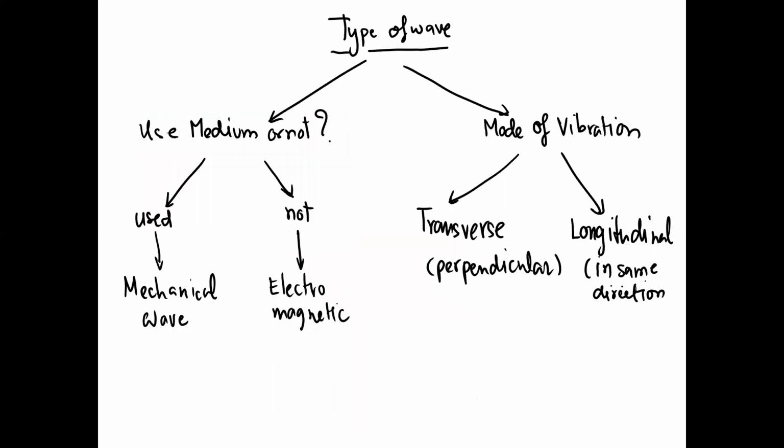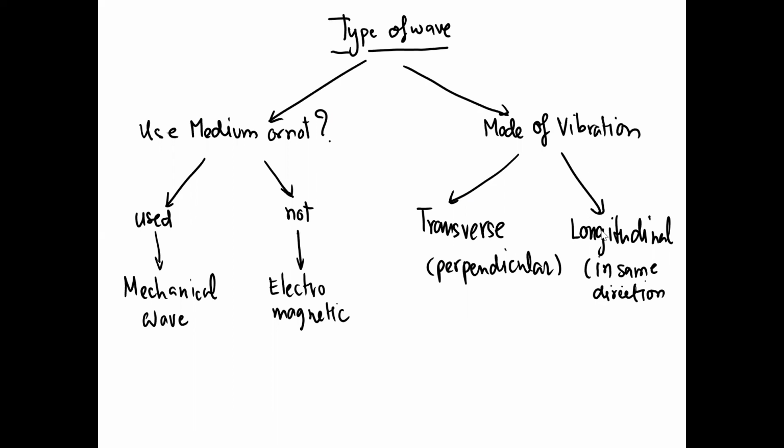So here's a summary. The types of waves can be separated by using the medium. If it uses a medium, it is a mechanical wave. If it doesn't use a medium, it is an electromagnetic wave. And the other way is the mode of vibration. If it's perpendicular, it's called a transverse wave.